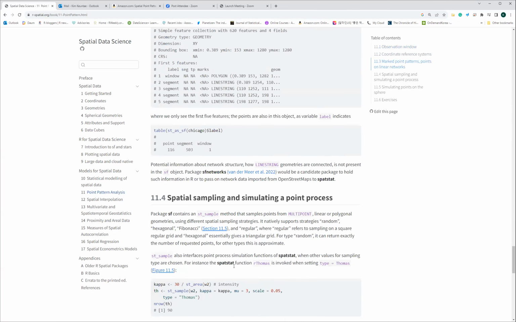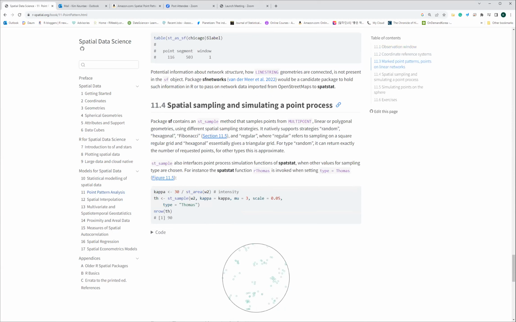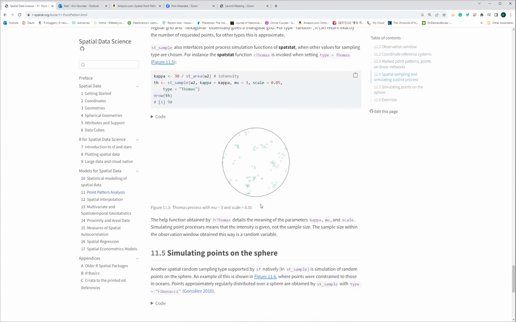And then this one is the spatial sampling and simulating process, which is a kind of random sampling process, and I try to analyze what the density pattern is about based on your kappa or intensity value, and it allows you to randomize your points within your spatial point pattern, or developing your model, or maybe some method.